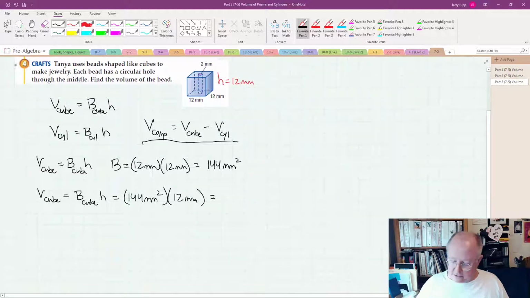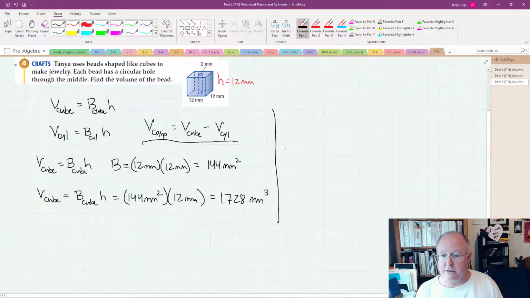So 144 times 12 is equal to 1,728 millimeters. We have millimeters squared times millimeters, so that's millimeters to the 2 plus 1, millimeters cubed. All right. Okay, so up over here, we're going to talk about the volume of the cylinder.